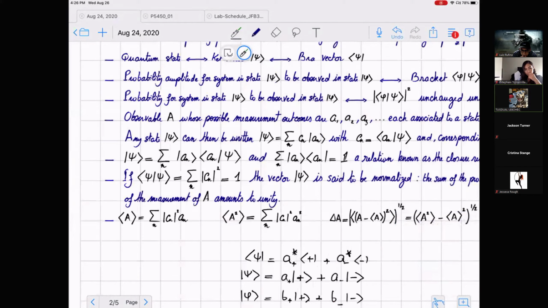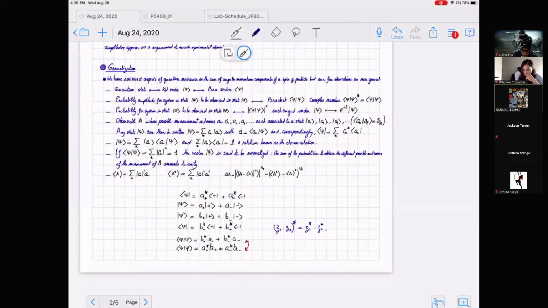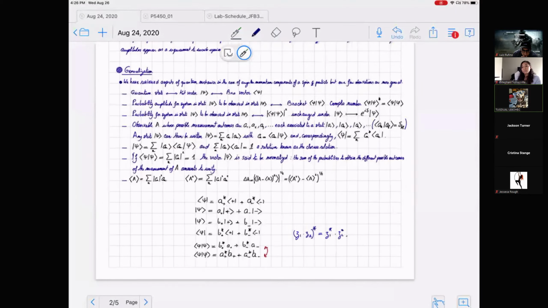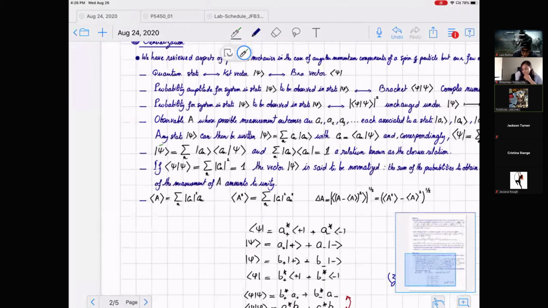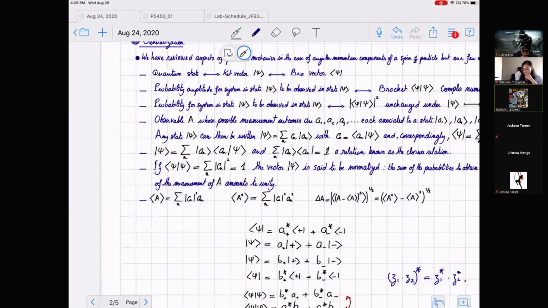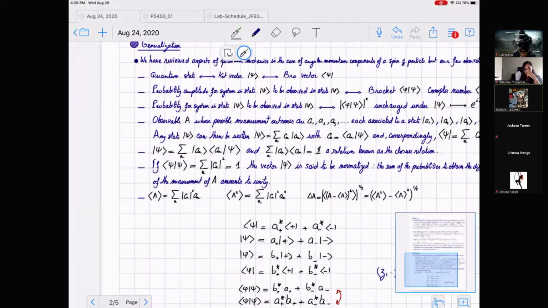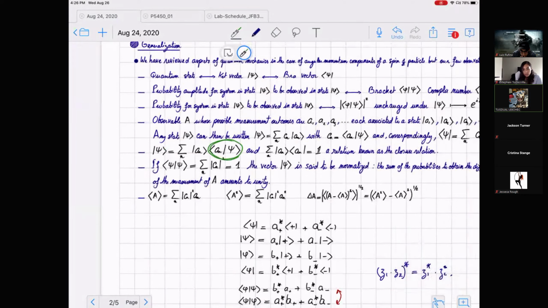The other thing that we have seen is that once you have a basis, like this one, you can express any state of the system as a linear combination of these vectors in the basis. So here you see one of the vectors in the basis, and here are the components, the amplitude of psi in the component A sub n.